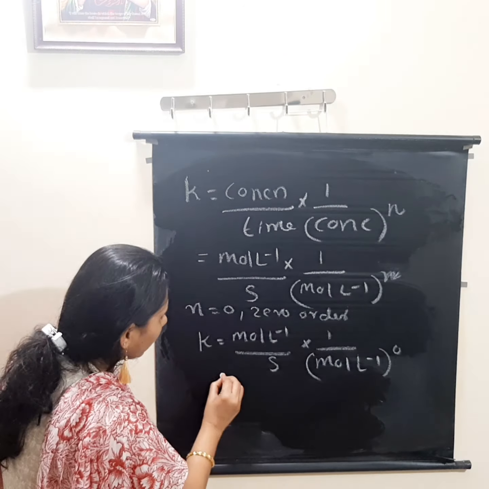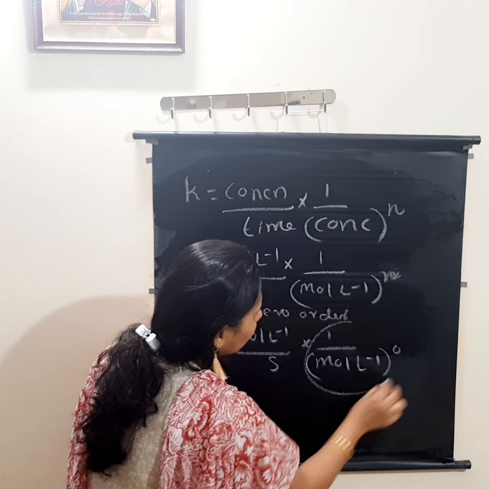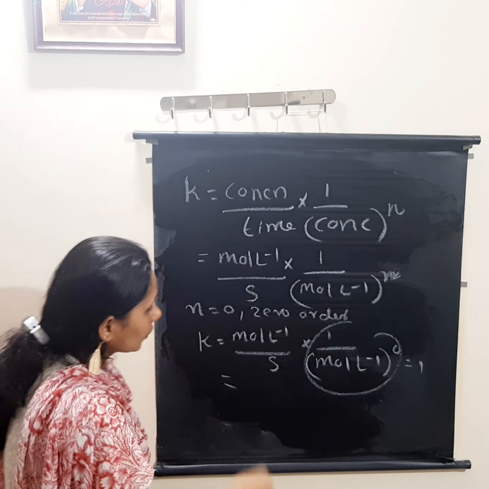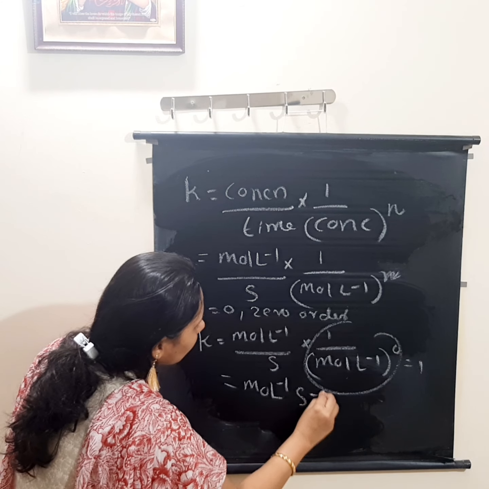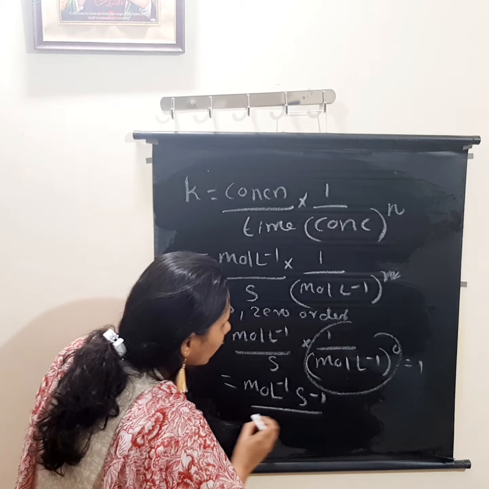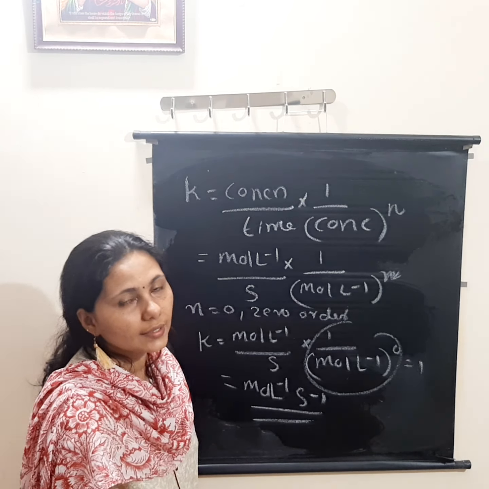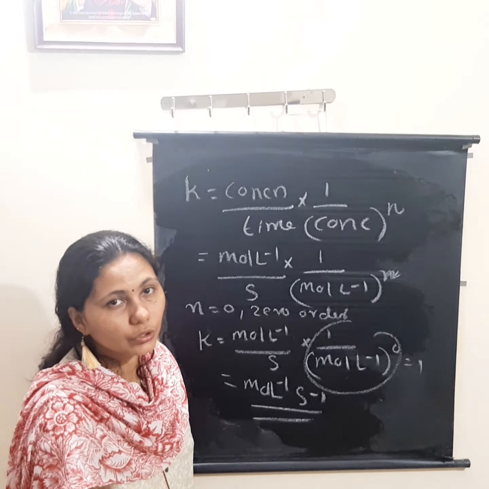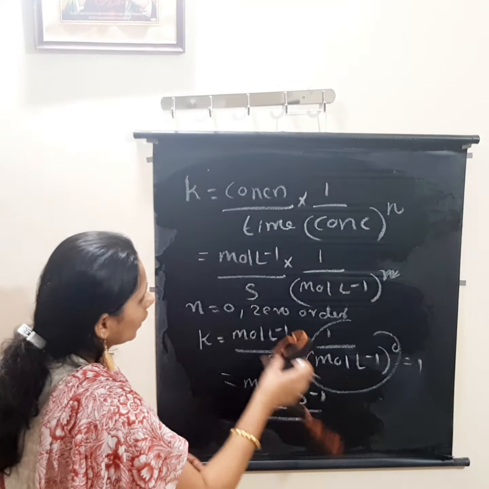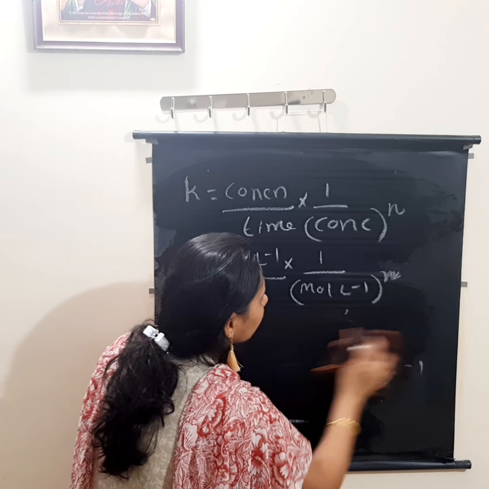We know something raised to 0 equals 1, so this part will be 1. So what we will get is moles per liter per second. That is the unit of a zero order reaction.